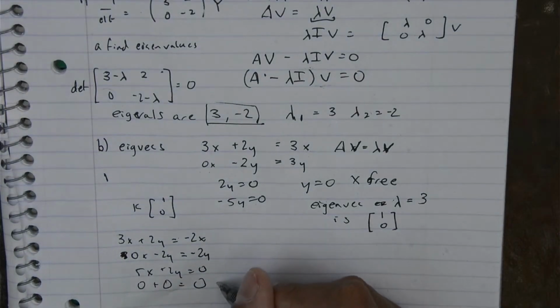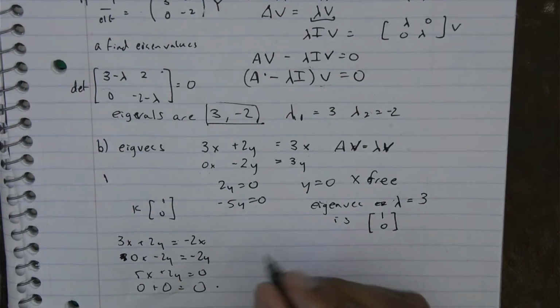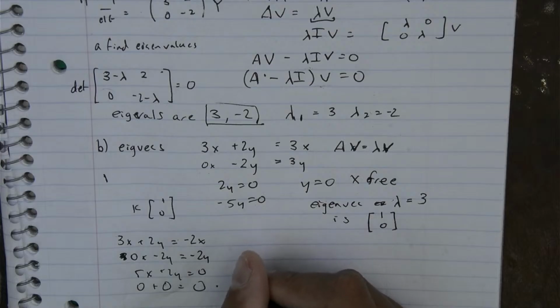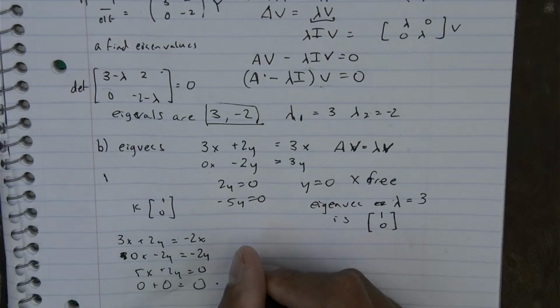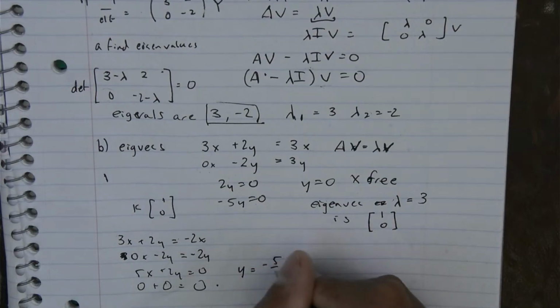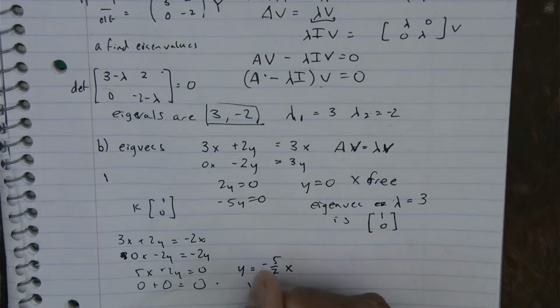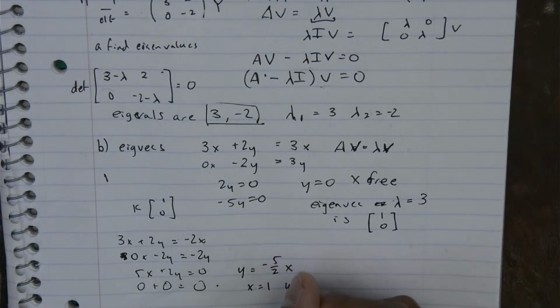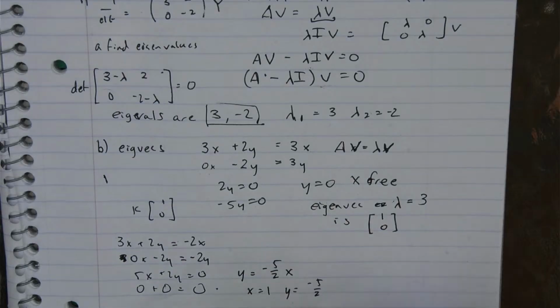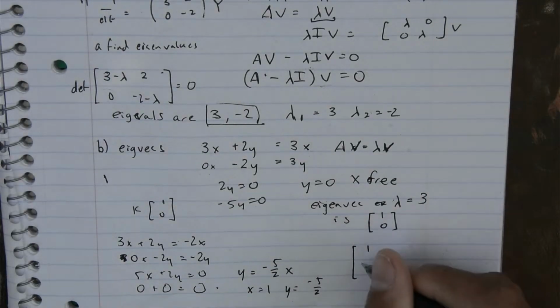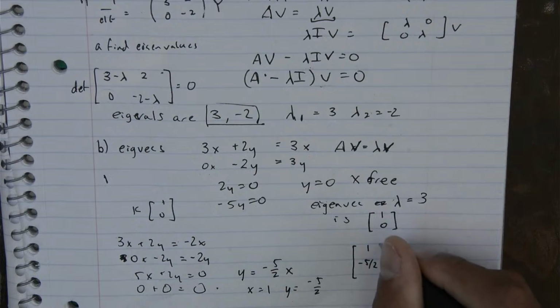Since this second equation is totally null, we can say that y is equal to minus 5/2 x. So if we take x to be 1, then y is equal to minus 5/2. So then we have this line, 1, minus 5/2.